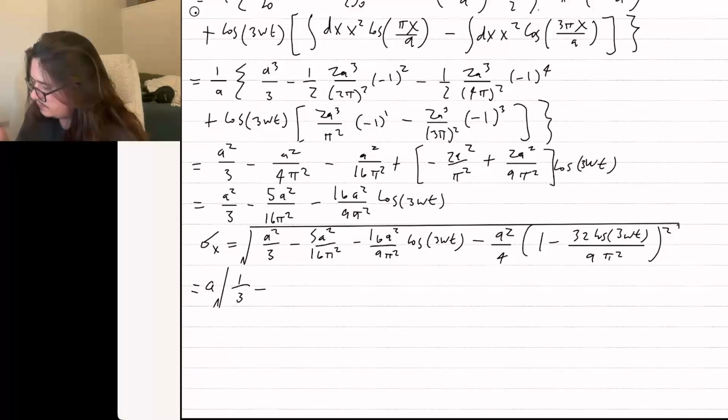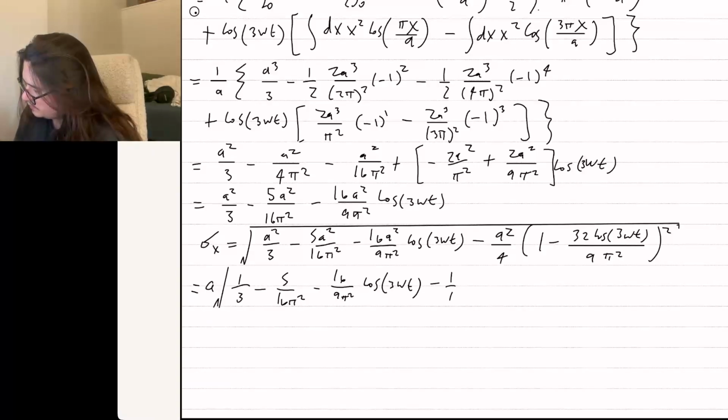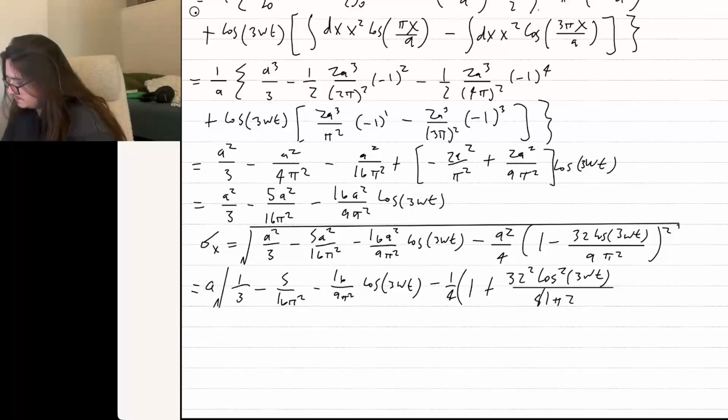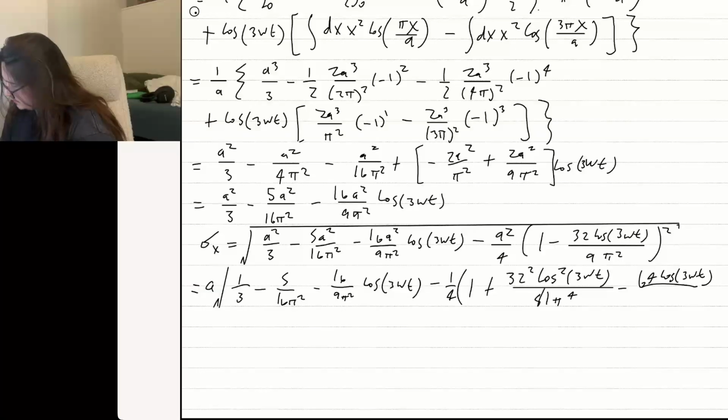Then I get 1/3 minus 5 over 16 pi squared minus 16 over 9 pi squared cosine 3 omega t minus 1/4, and I'm going to do the square, 1 plus whatever 32 squared is, cosine squared 3 omega t over 81 pi squared. Pi fourth, I misspoke. And then minus 64 cosine 3 omega t over 9 pi squared.